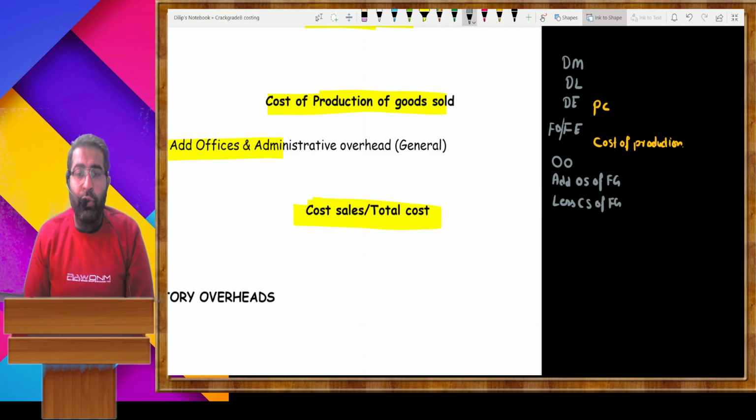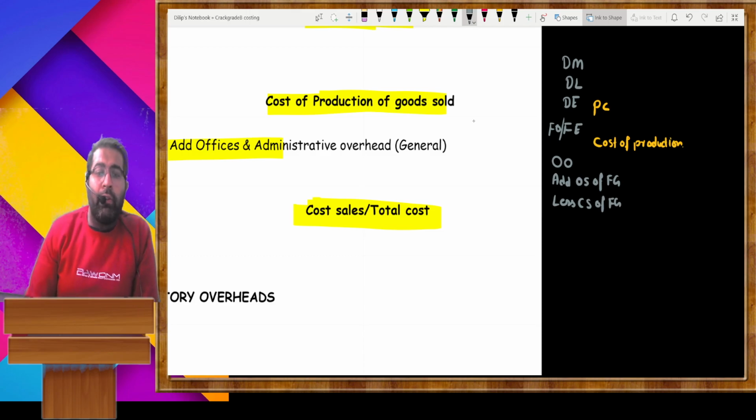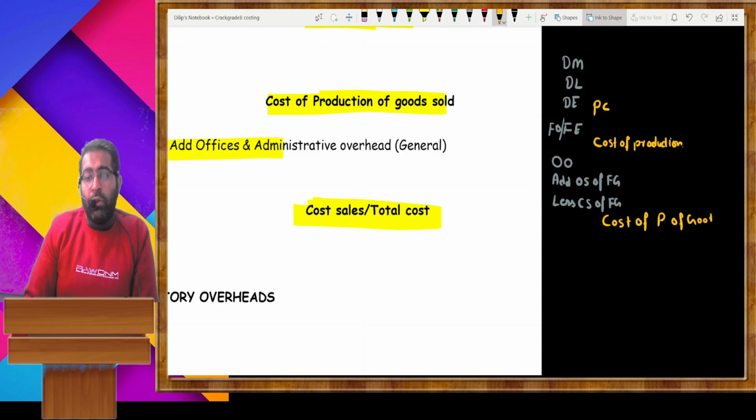Then we arrive at the cost of production of goods sold. In this we add all the types of selling expenses.